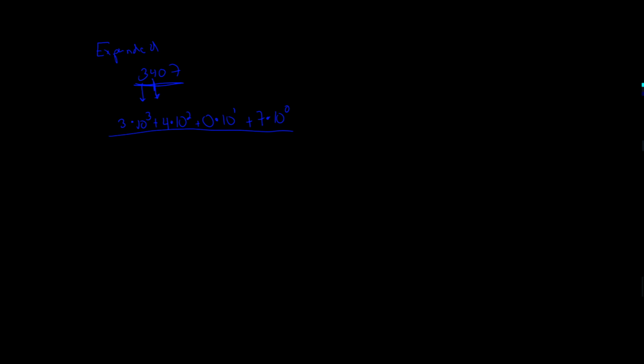And these tell me that I have 3,000 plus 400 plus 0 plus 7.